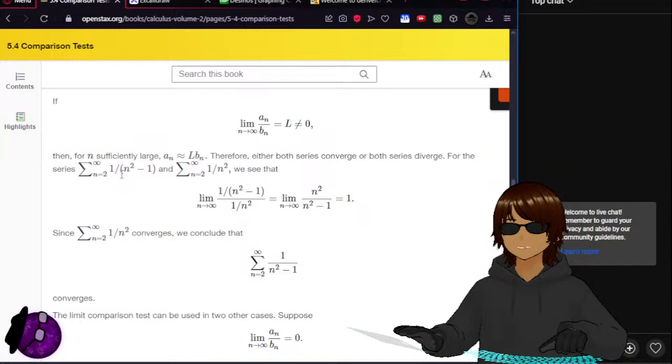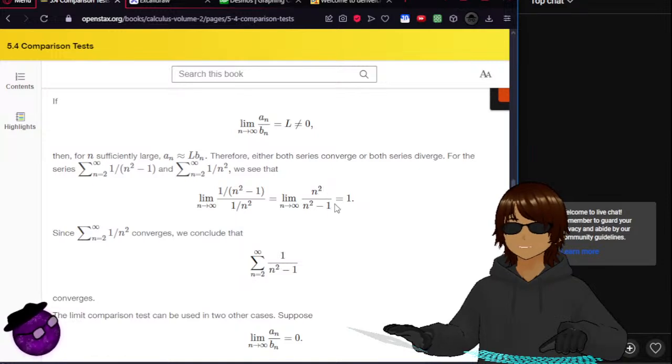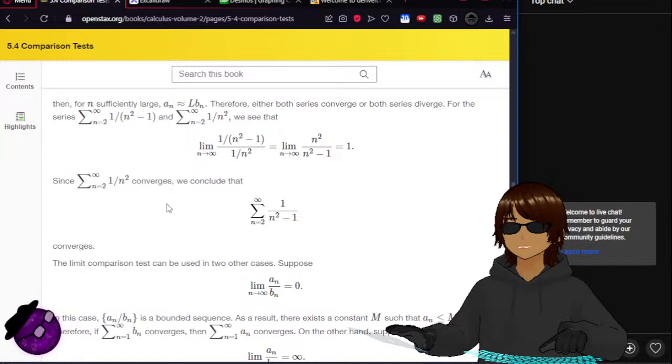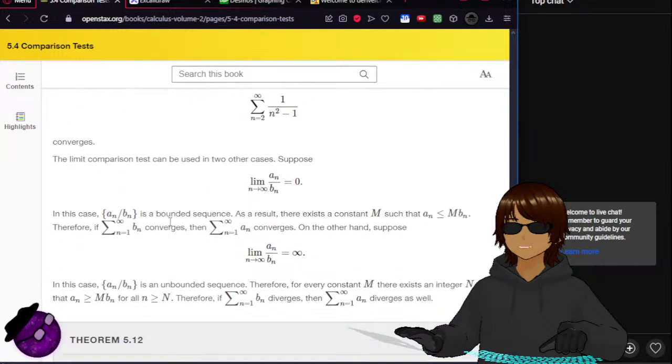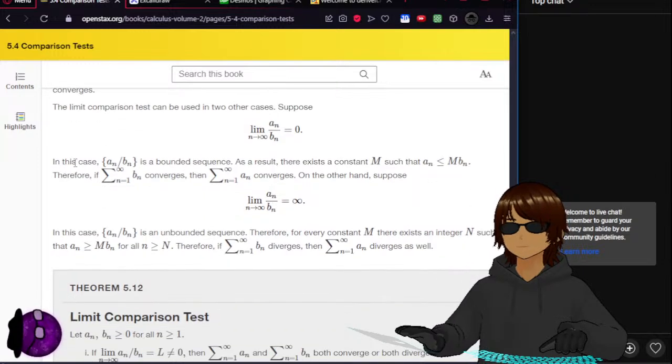For the series 1 over n squared minus 1 and 1 over n squared, we see that n squared over n squared minus 1, the limit is 1. Since 1 over n squared converges, we conclude that 1 over n squared minus 1 converges. The limit comparison test can be used in two other cases. Suppose the limit of an over bn is 0.